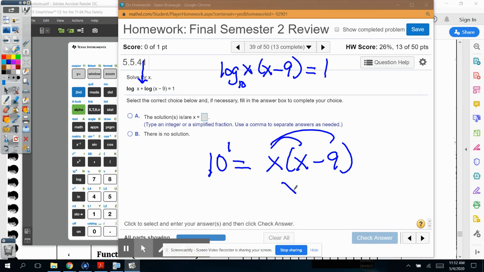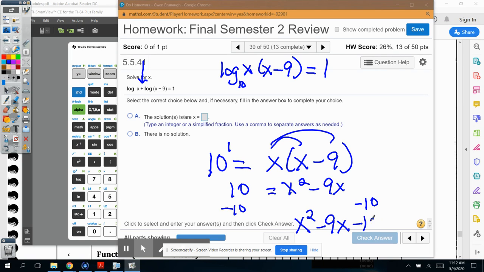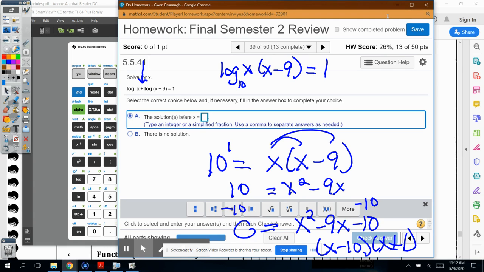You're going to distribute and get 0 on one side. So I'm going to subtract 10 here, and I get x squared minus 9x minus 10 equals 0. This will factor into x minus 10 and x plus 1. Once it factors, the opposite of the signs will be your answer. So your answer is going to be 10 and negative 1.